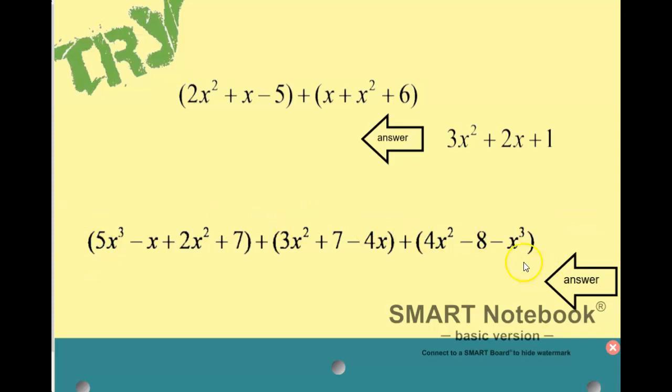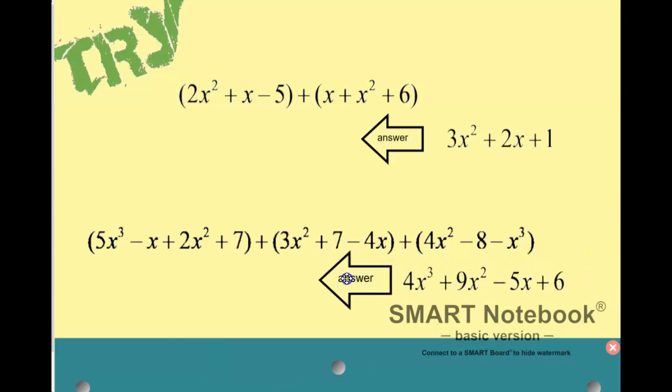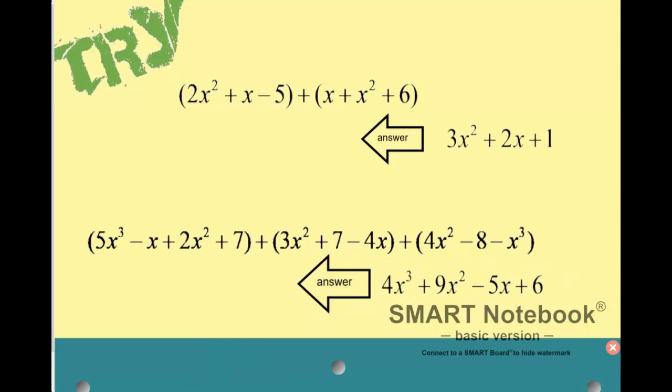Notice, however, that there are terms to the third degree, to the second degree, to the first degree, and constants. And each term doesn't necessarily have all of the same degrees. You should have gotten this for an answer.